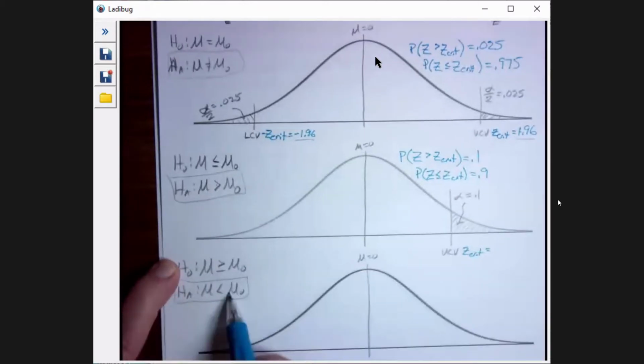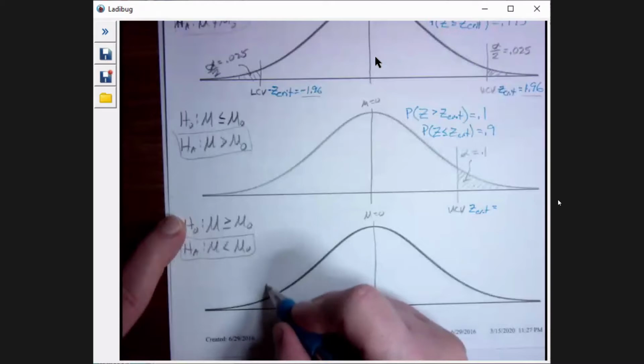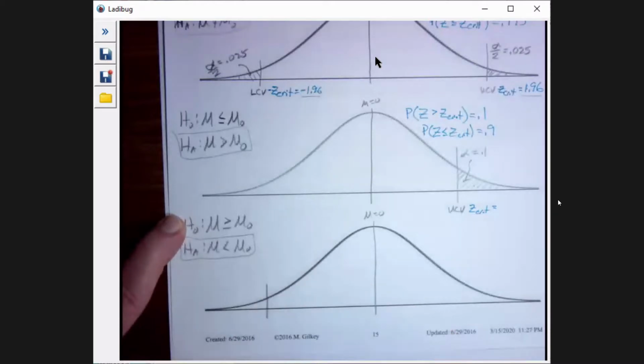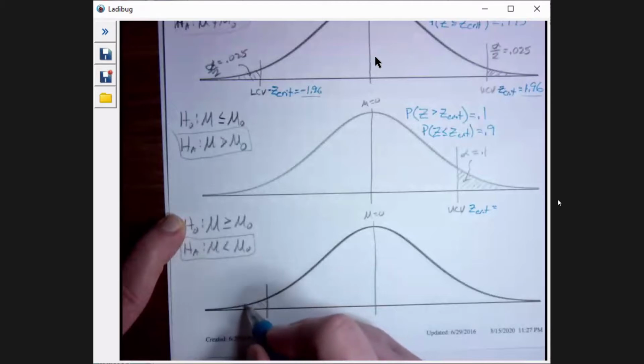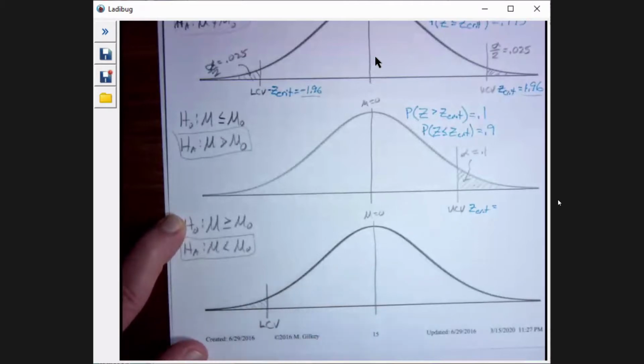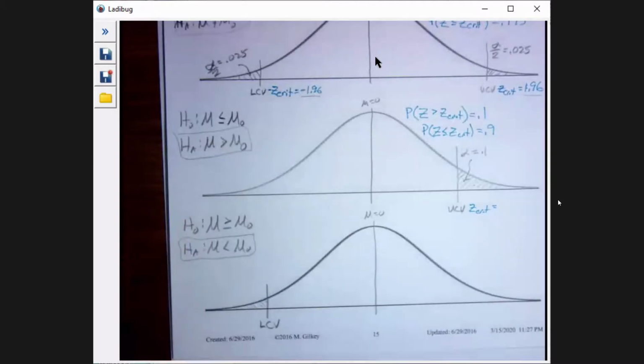Here the alternative is less than. We're looking for values less than our critical value. So the alternative determines the type of test, whether it's right-tailed, left-tailed, or two-tailed. Okay, that makes a lot more sense now. Yeah, you've got to focus on the alternative.